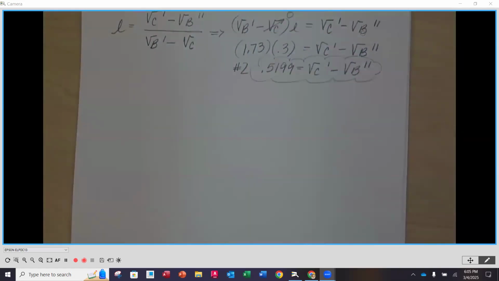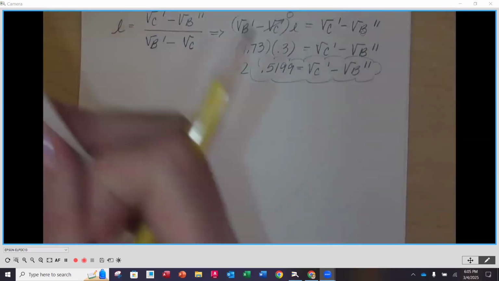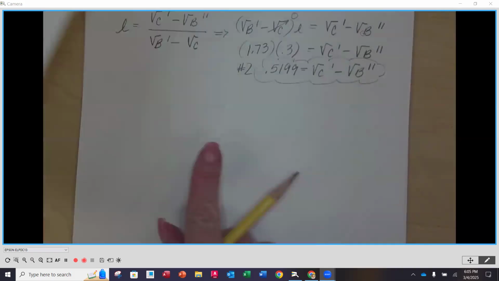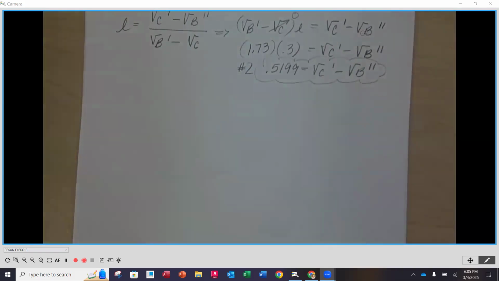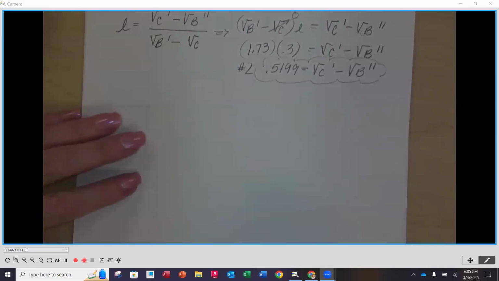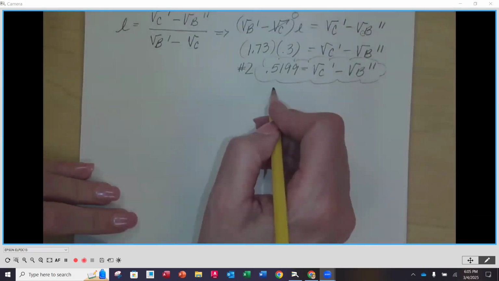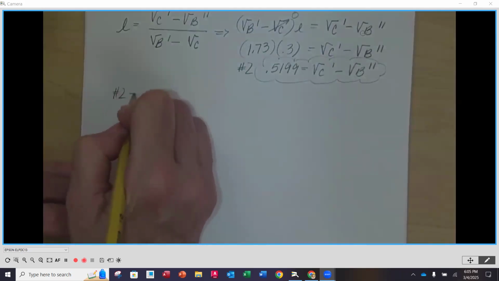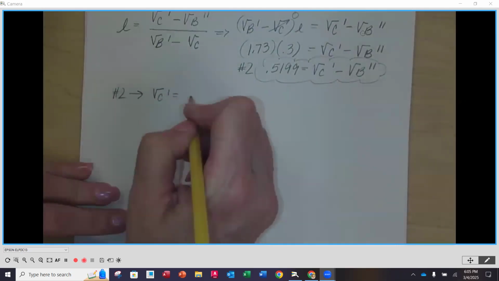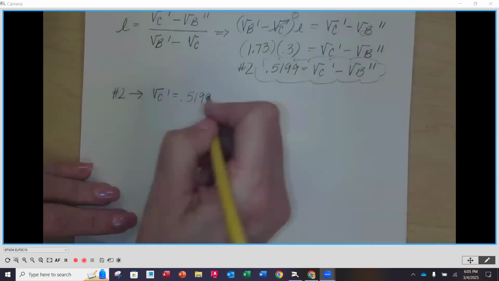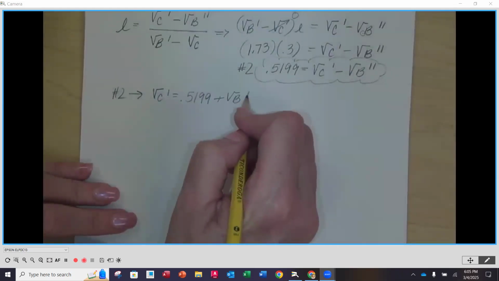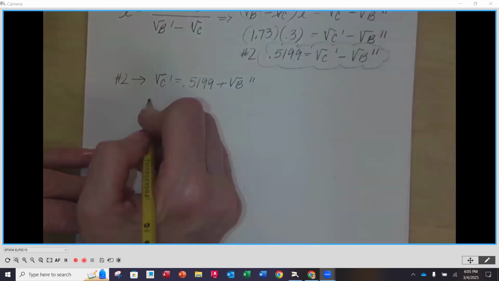Now using substitution with equation number 1 and equation number 2, go ahead and solve for C prime and B prime prime. You need both for our last step. Do it on the side here, and if you want to peek, go ahead, but I know you guys know how to do the substitution method.